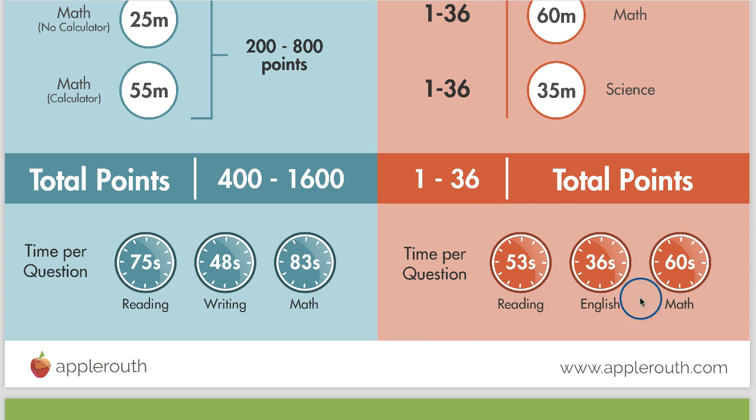Just because there's less time on the ACT doesn't mean that it's more difficult. In fact, most people score very similarly on the ACT and the SAT if they take both tests. But remember, it is not a requirement, and you should only need to take one of these based on which school you are applying to in the United States.